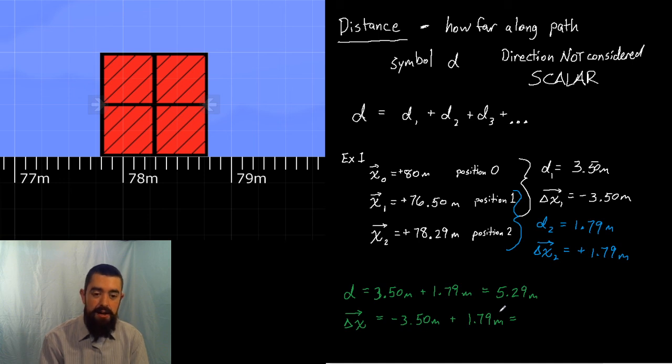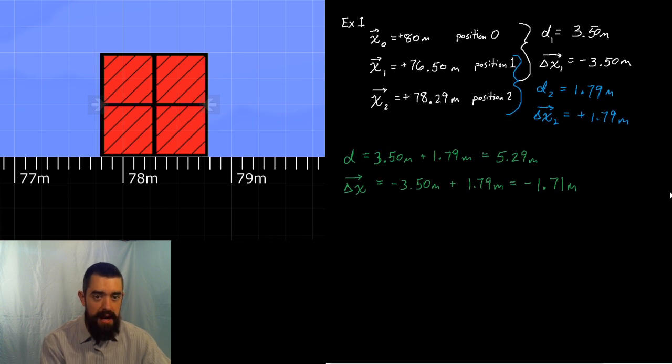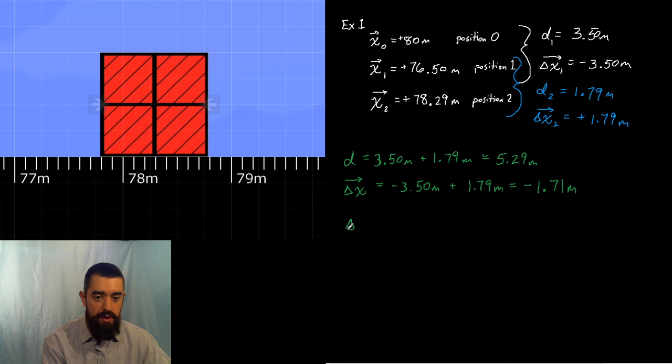So I could be adding up the positive and negative displacements. That's one method of doing it, but I'm going to show you another way that works as well. So negative 3.5 plus 1.79 is negative 1.71 meters.